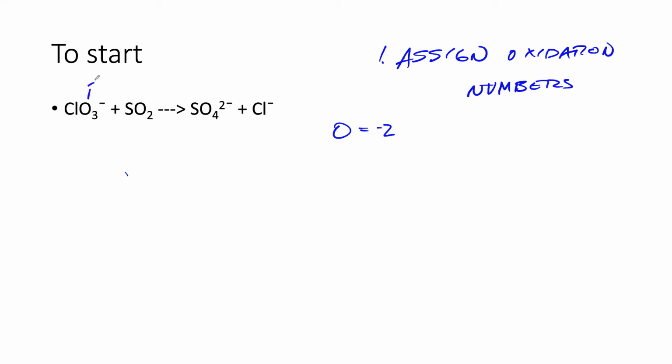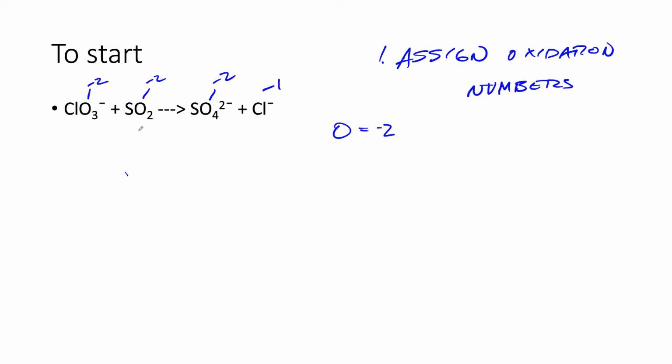This is -2, this is -2, this is -2. This chlorine on the right is charged but not bound to anything, so its charge equals the oxidation number. So it's -1. And so we have chlorine on the left to figure out, and the 2 sulfurs.